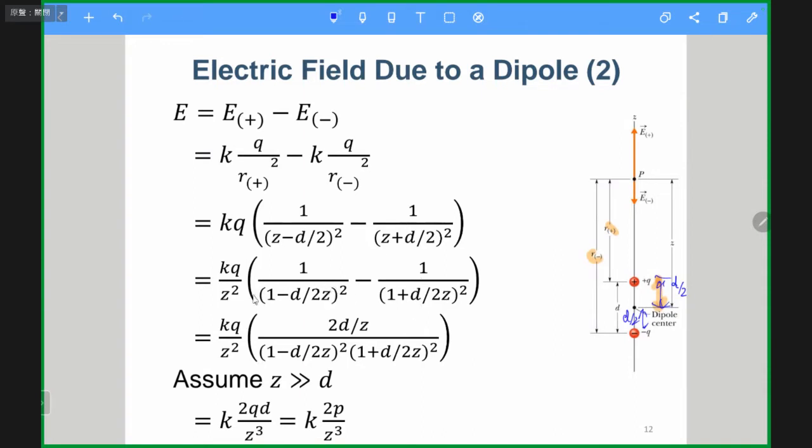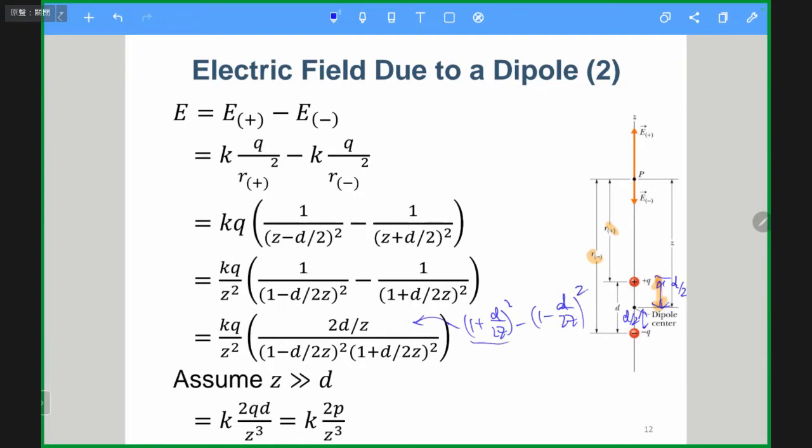Okay, so here we try to subtract them, so we need to multiply by the common denominator. We have this term multiplied by this term as the common denominator, and in the numerator we have this one subtracting this one. Which means the numerator should be 1 plus D over 2Z quantity square minus 1 minus D over 2Z quantity square.